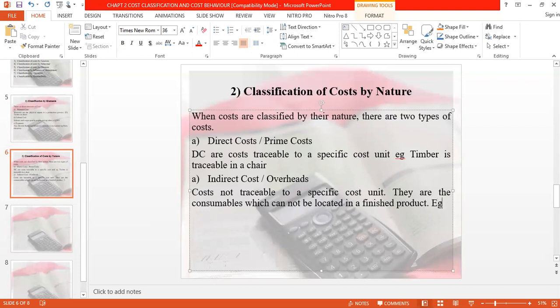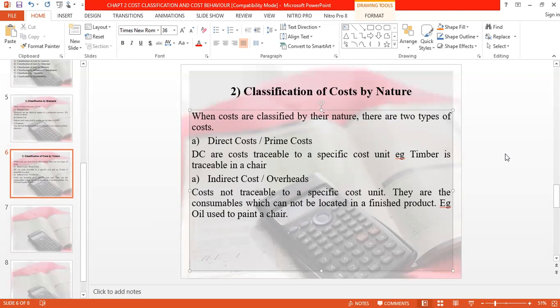E.g., oil used to paint a chair. You cannot see the oil, but you know that the oil was applied.